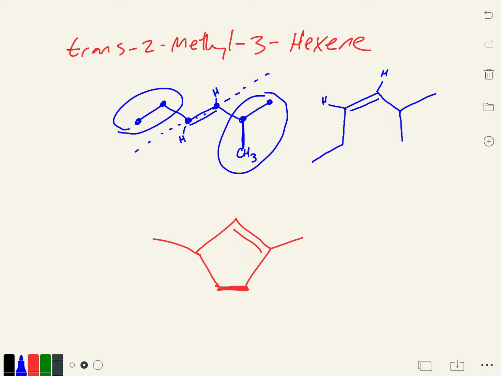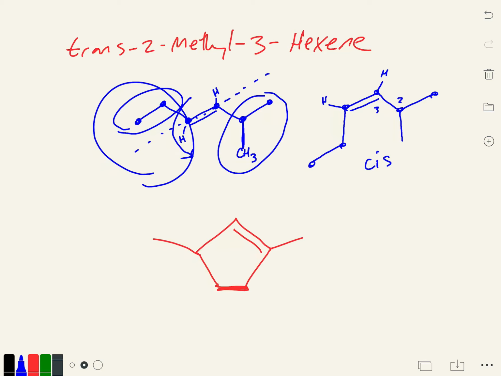So we've essentially rotated this group so that it's down instead of up. And so we still have our 6, but this one would be cis. It would still be 3-hexene, 2-methyl, but it would be cis instead of trans.